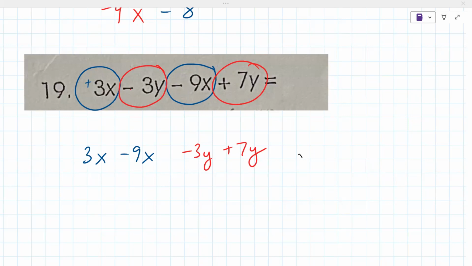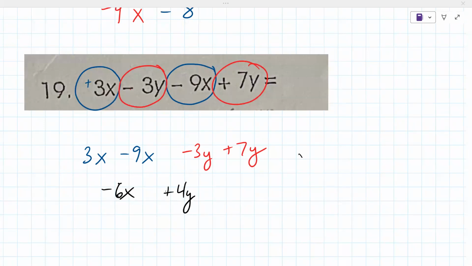It would be -6x. Okay, great. And then +10y. Are these same sign or opposite in sign? Opposite sign. Okay, so try that one more time, please. +4y. Positive 4y, good.